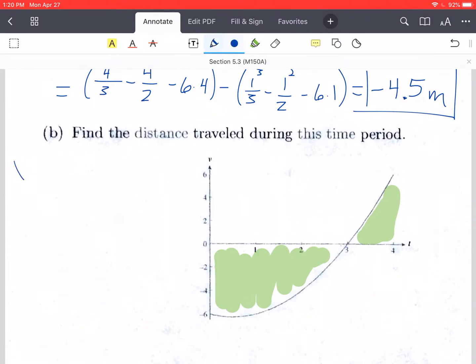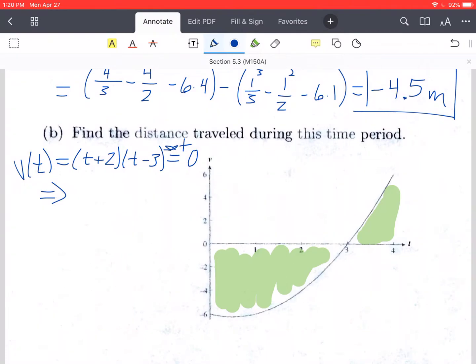So let's look at the function. So v of t was t squared minus t minus 6. That is actually factorable as t plus 2 times t minus 3. And I'm going to set that equal to 0. What am I looking for?